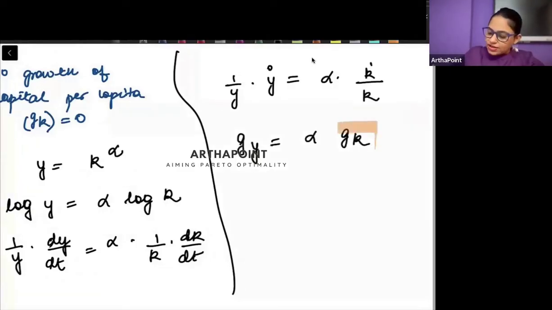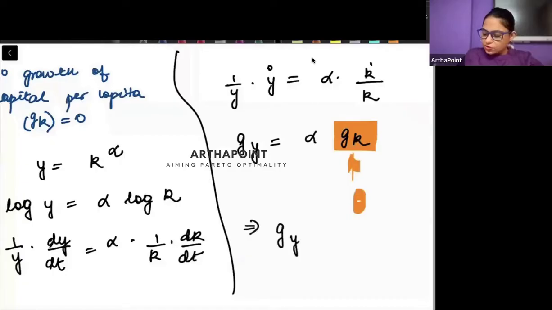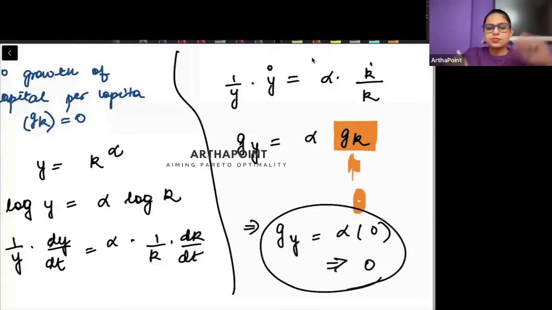But ये जो small k है, इसमें there is no growth rate. This growth rate is 0. So if this growth rate is 0, I will get growth rate of y will be alpha into 0. That means 0. So small y, that means output per unit labor, that is also not growing. There is no growth rate in that.